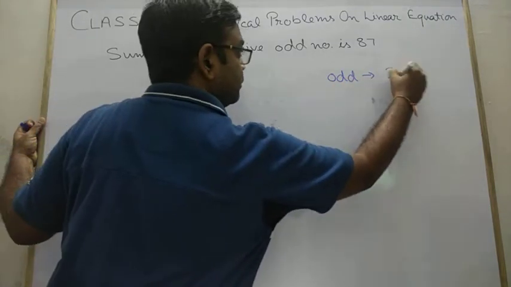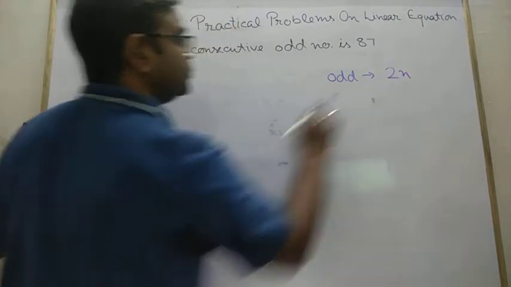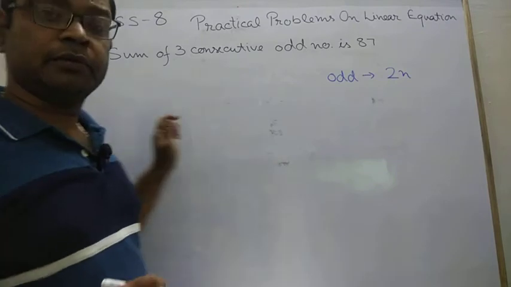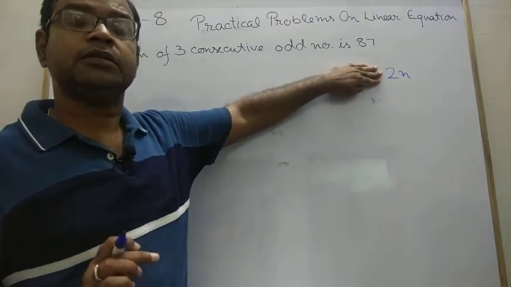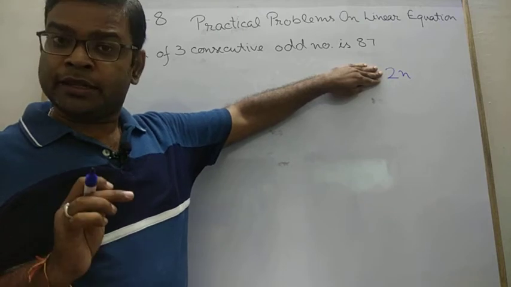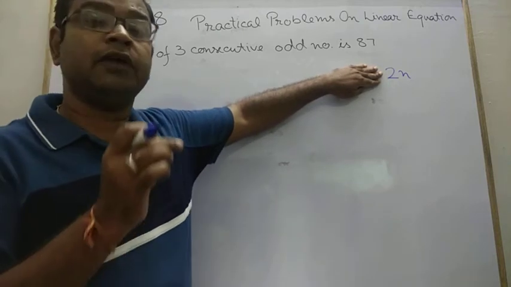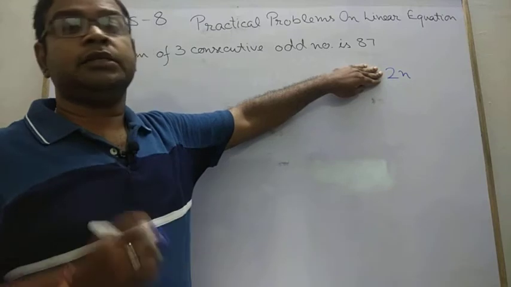Always remember that whenever we multiply any number by 2, that number is even. And in that even number, if we add 1, that number is odd.